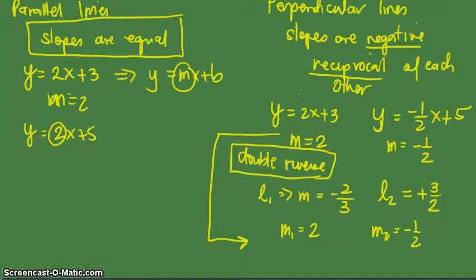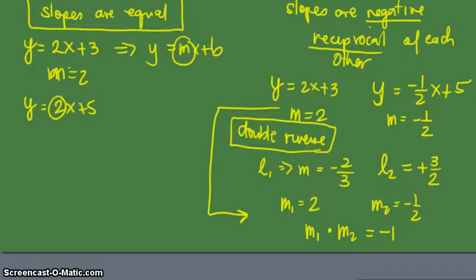So we already know that the lines with slopes 2 and -1/2 will be perpendicular. So another relationship that can be drawn from this is that when you multiply m1 and m2, the product is always -1. So we'll be using this idea on some problems that you will encounter in the test.